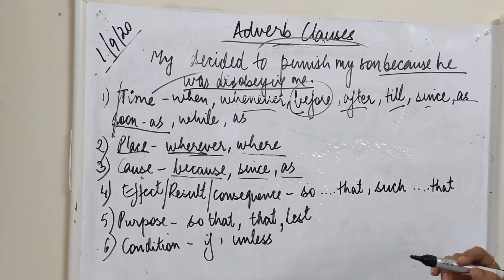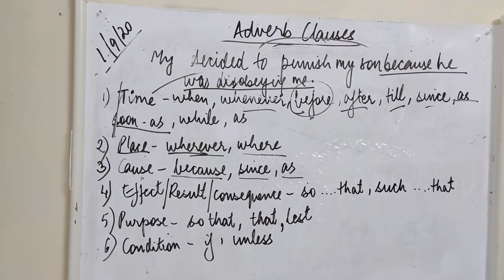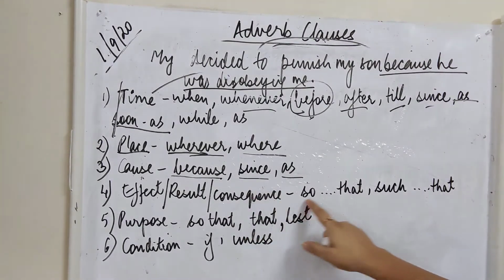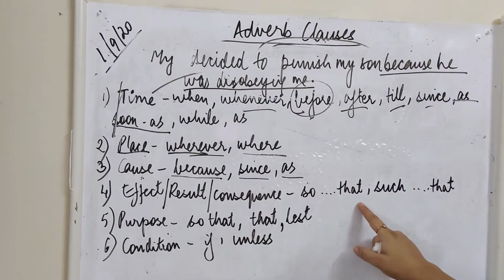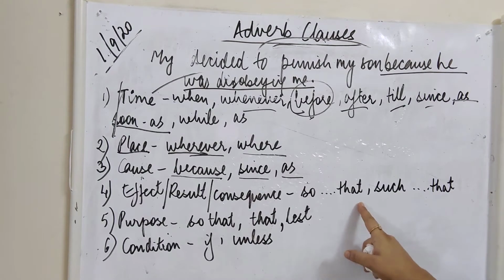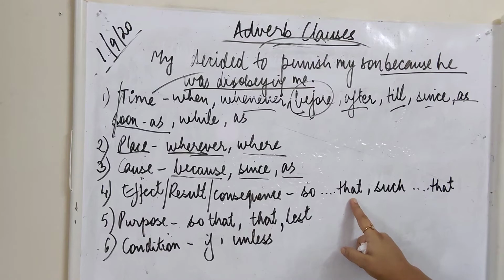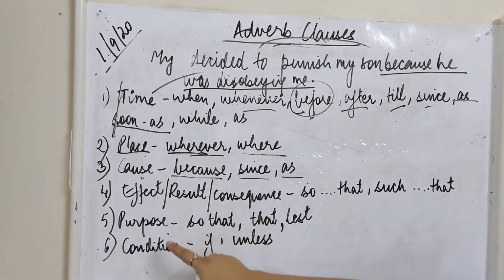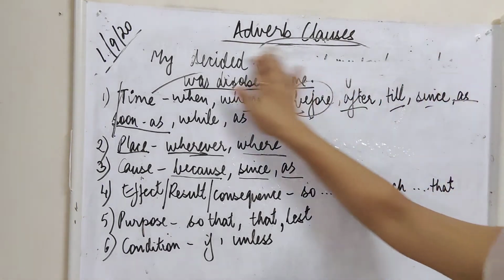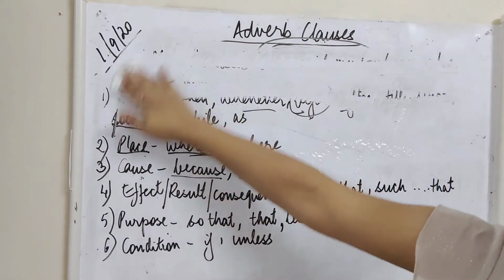Now adverb clause of effect or consequence. That is used in the pair so and that. For example, I say the student studied so hard that he topped the exam. Then if I say such that, for example, she spoke in such a low voice that I could not hear. I hope I am making it clear.